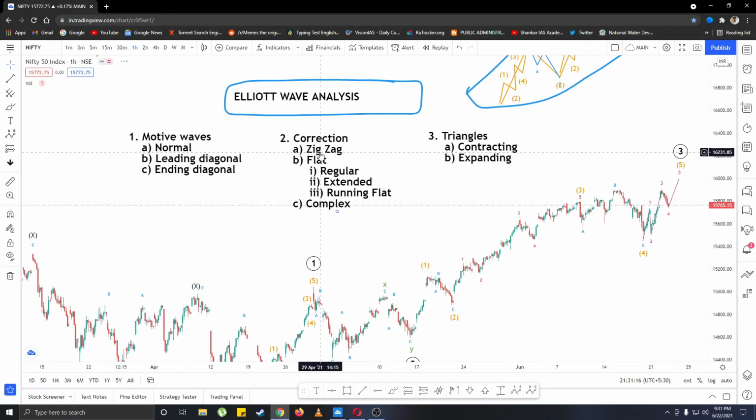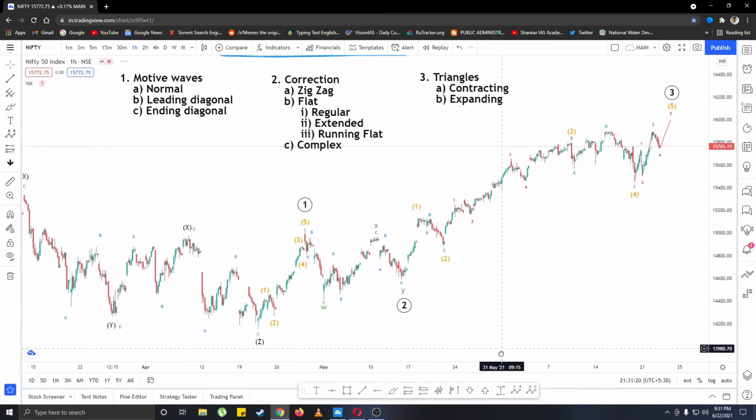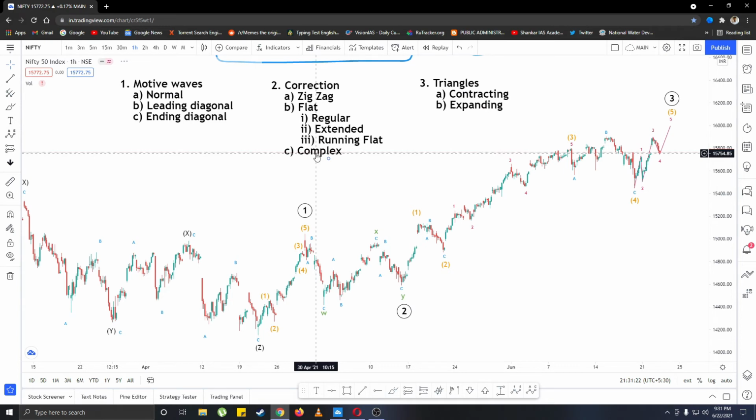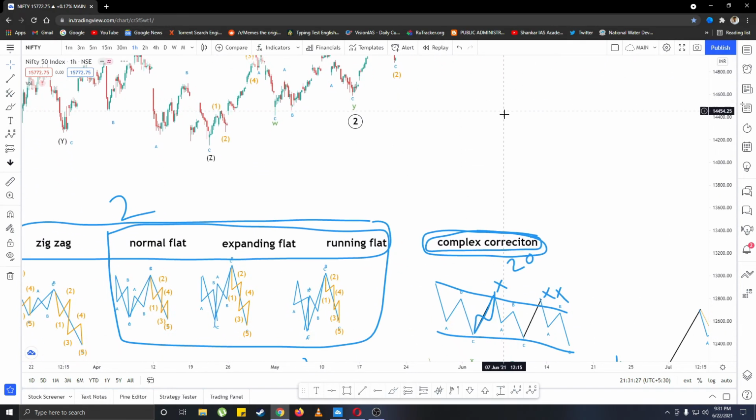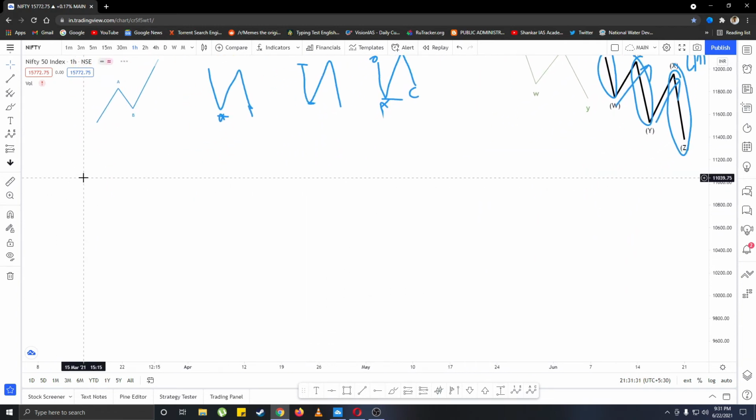Then we have a zigzag correction, the 3 flat corrections which we talked about, the complex correction, and the triangles. Now one last thing which we have to talk about is the Fibonacci levels and the typical Fibonacci levels of Elliott wave.